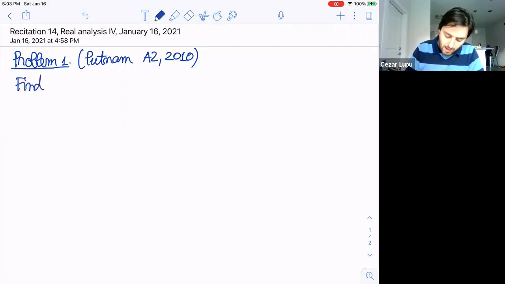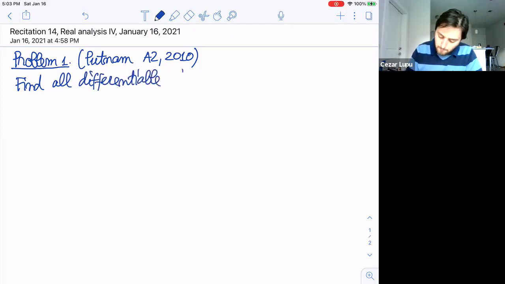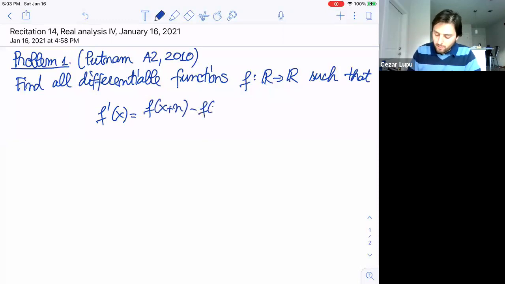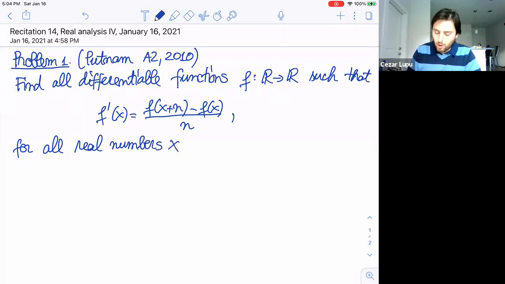It asks us to find all differentiable functions f defined on R and real valued such that we have the following condition: f prime of x, the derivative of f, is nothing else than just f of x plus n minus f of x, everything over n, for all real numbers x and all positive integers n.